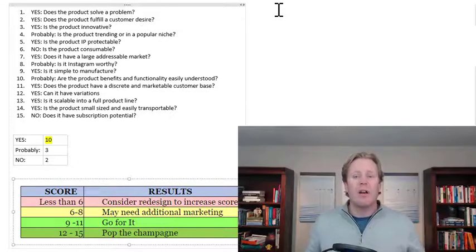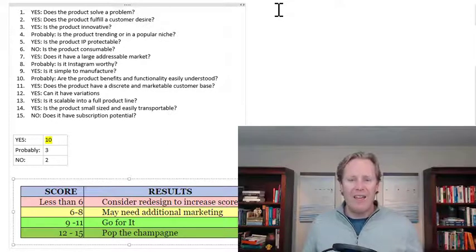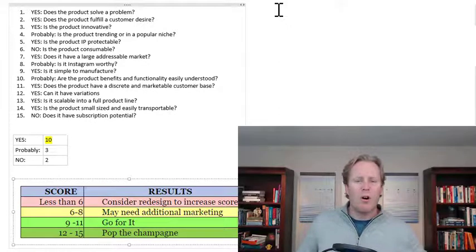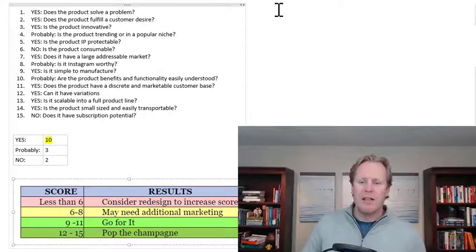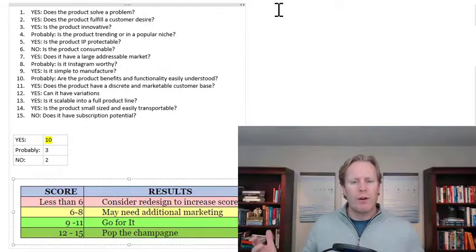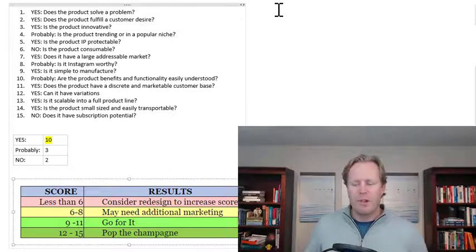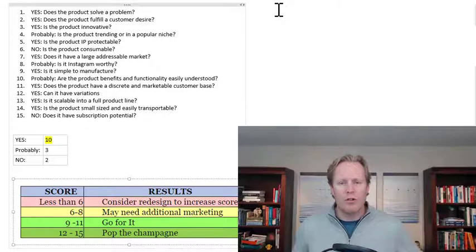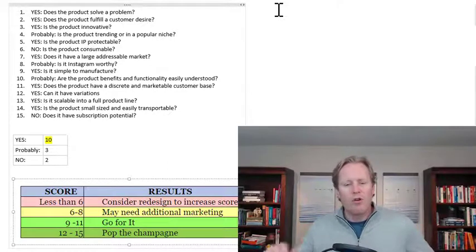The customer just wants to find their stuff. You don't want to get up and go for a 5 a.m. run and have to rummage around your house trying to find your headlamp because you misplaced it and you don't know where it is. And so the desire is more about what's the emotional desire that the customer wants. And then the problem solution is more about the actual, what I would call functional benefits of what you're doing to solve the problem. Anyway, so I think those are both yes.